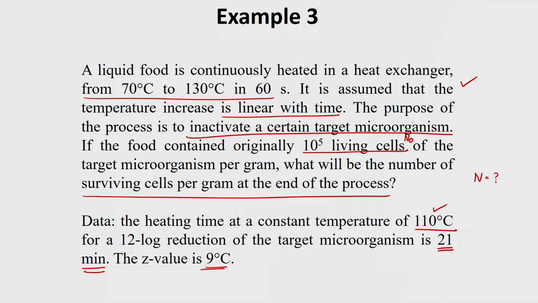So, for that, the first thing we need to do is calculate the equivalent F naught process. From there we are supposed to compare both the reference as well as our actual situation. Then from there we will calculate the N value. So, first we are supposed to calculate the F naught value.